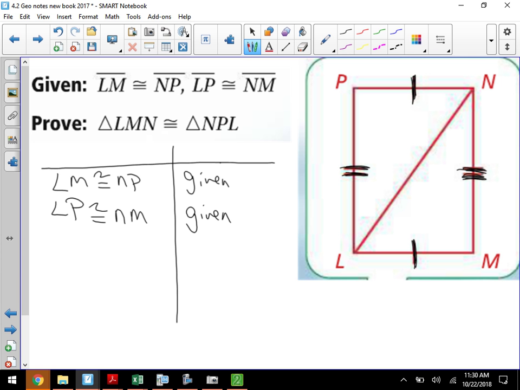As of right now, I've told you guys two different ways that you can show that triangles are congruent. Side, side, side, or side, angle, side. But if we look now, look at your progression sheet and look at the diagram. What other information can I infer from my diagram according to your progression sheet?